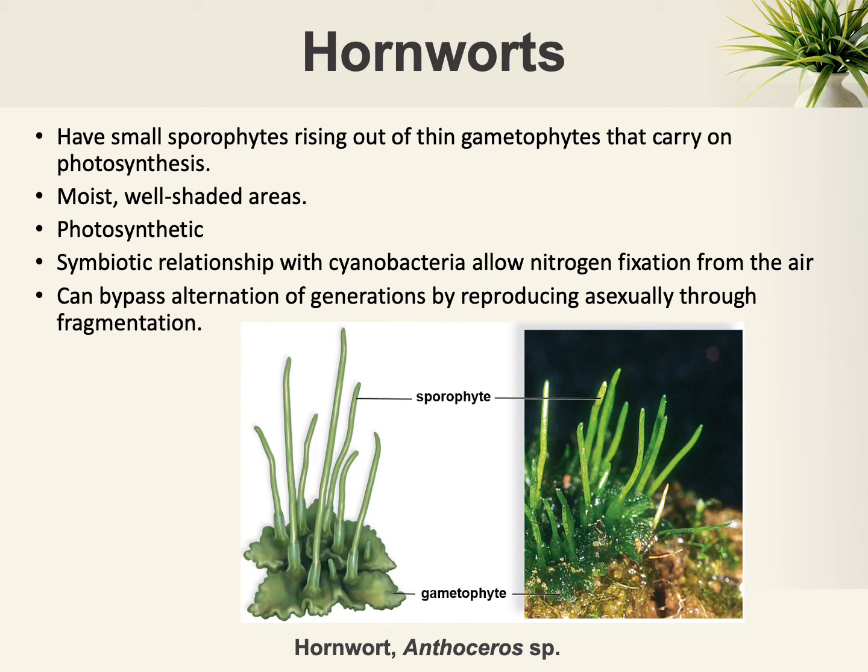Like the gametophyte, a sporophyte can photosynthesize, although it has only one chloroplast per cell. Hornworts have a symbiotic relationship with cyanobacteria that can fix nitrogen from the air, and they can also bypass alternation of generations by reproducing asexually through fragmentation.